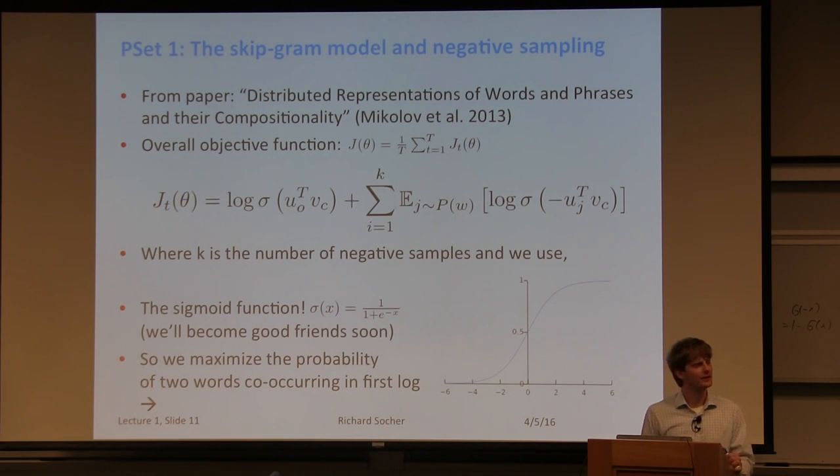Do we fix the specific words that are not co-occurring on every iteration of SGD, or for the whole epoch? We'll usually have a completely random sample for each window. Is P of w uniform or? I'll actually show you in the next slide.